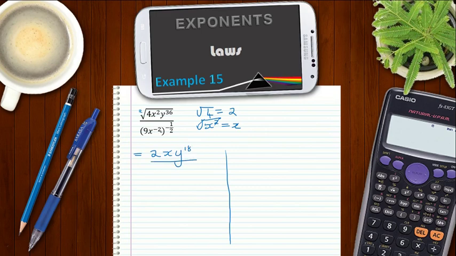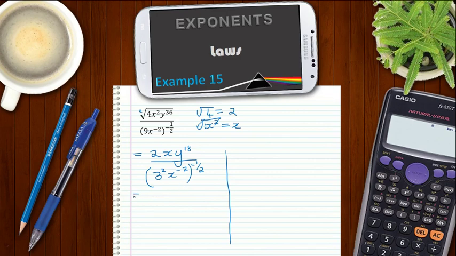Now this is the part that can be a bit overwhelming, a negative half. So let's start with putting our numbers in prime factors. We know that 9 is 3 squared, so I'm going to write 3 squared x to the power of negative 2. That's to the power of negative half. All I'm going to basically do is apply law 3, where I just multiply in my exponent in the next step.